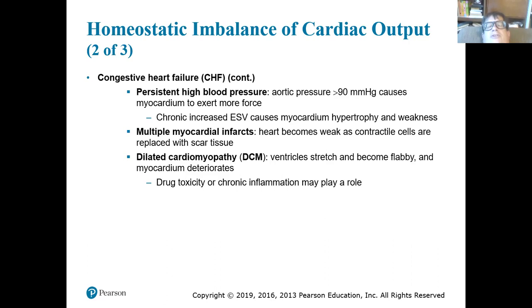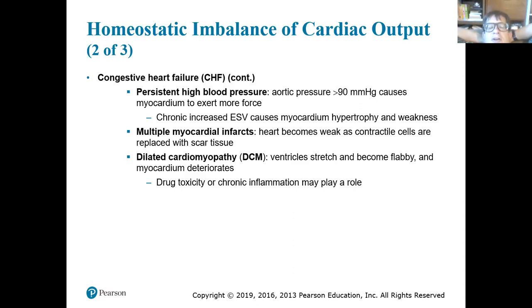If your aortic pressure is over 90 millimeters of mercury, your myocardium is going to have to work harder with every stroke to push the blood out past the semilunar valves. If you have a chronic increase in stroke volume, the heart's going to try to get rid of that extra blood, and that means that the heart will probably get larger and weaker as it tries to do this.